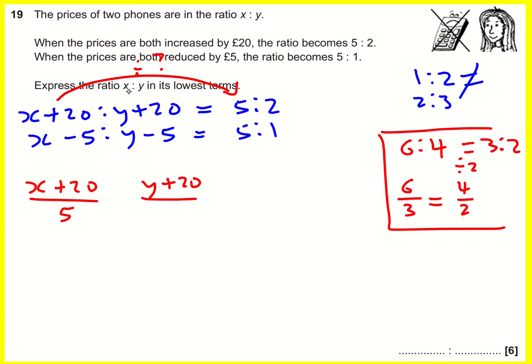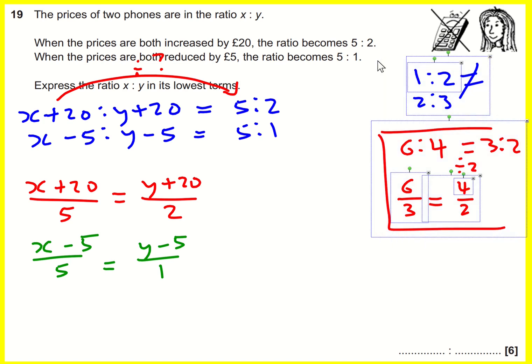What's the scale factor that I divide by to get from y plus 20 to 2? It's going to be this, and they must be the same so I can set them equal. And I've actually created an equation with x and y in. I can do exactly the same for the one below. In a similar way, I can get x minus 5 over 5 is equal to y minus 5 over 1. And suddenly, although this still does not look particularly nice, I've created two simultaneous equations.